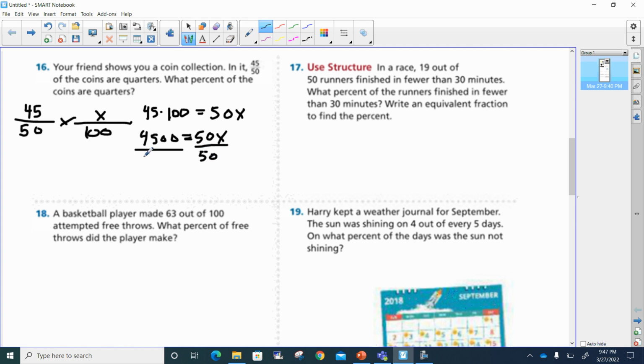Whatever I divide from one side, I divide from the other. Remember our rule, since you're both ending in zeros, I can cross that 0 out. Now I have 450 divided by 5. I know 45 divided by 5 is 9, so 450 divided by 5, excuse me, is 90. So that's going to be 90 equals x. So, since we were talking about percent, this is 90%.